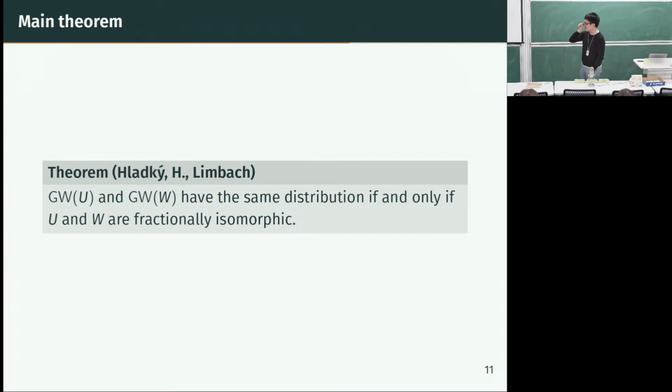What we are able to say here is to give a characterization of these inhomogeneous Galton-Watson branching processes, and say that if we have two kernels, U and W, then these two kernels generate the same process with the same distribution precisely when these two kernels have a certain property which is called fractional isomorphism, which I haven't yet introduced, and this will come up right after this.